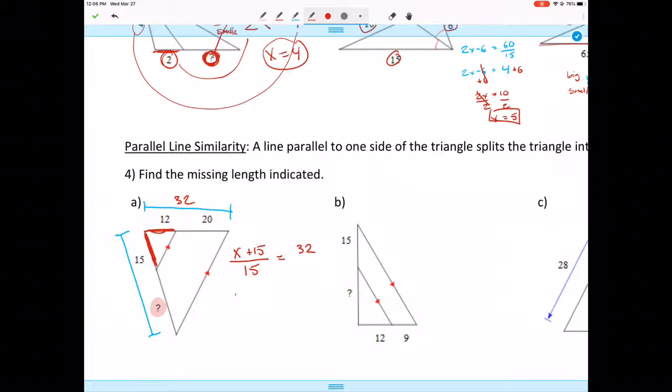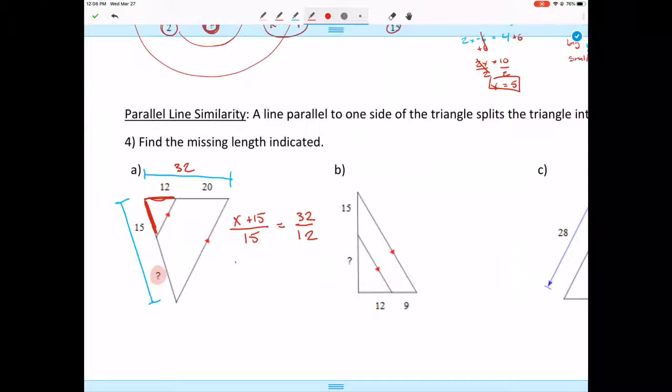32 divided by 12. All right? At that point, we can solve. We can multiply both sides by 15. We get x plus 15 equals 32 times 15 divided by 12.